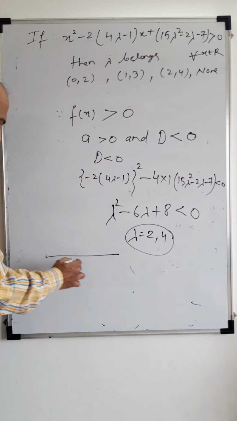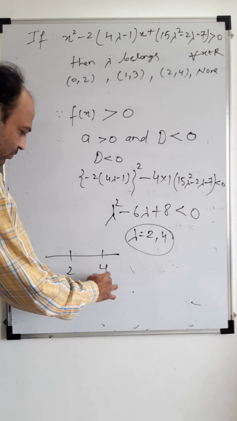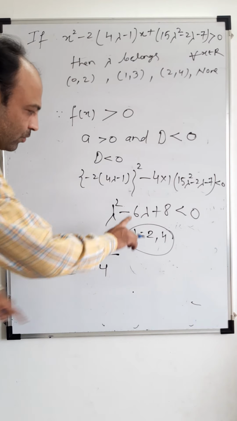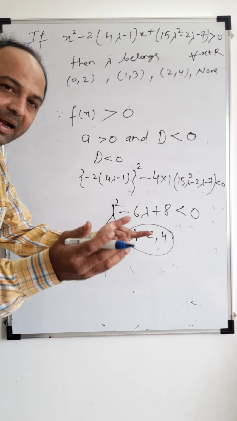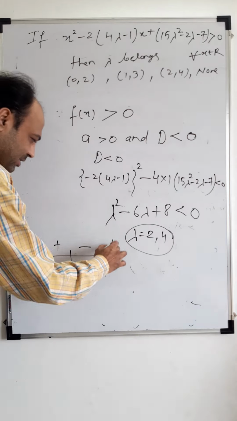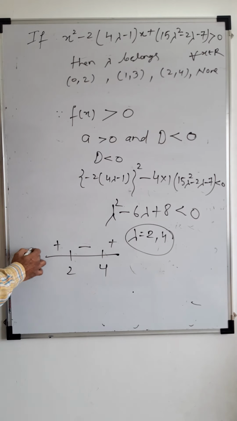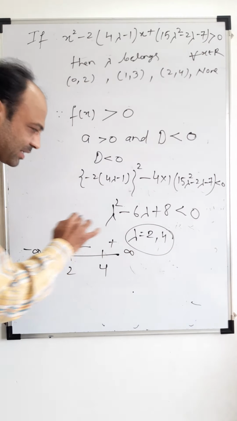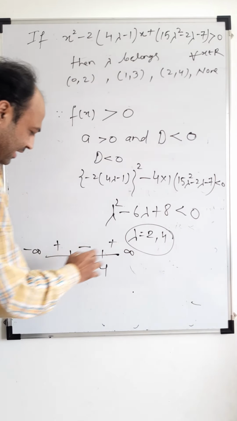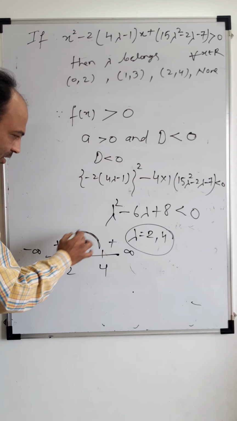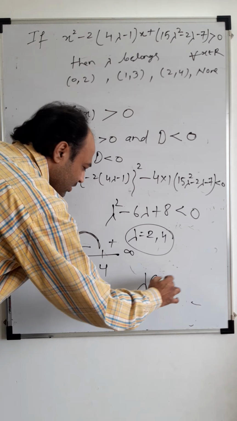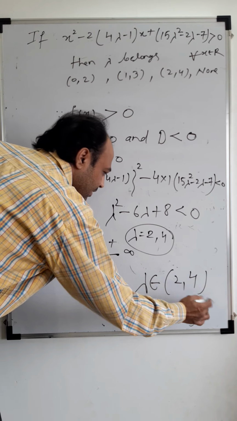Now we'll plot on the number system, 2 and 4. We have 2 roots, so 2 factors. So plus, minus, plus. Fine. Minus infinity this side, here it is plus infinity. Less than 0 means this part. So lambda belongs to where? 2 to 4.